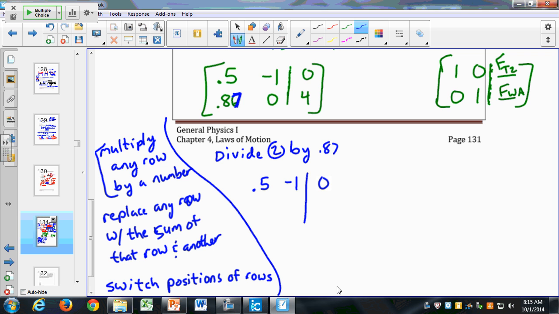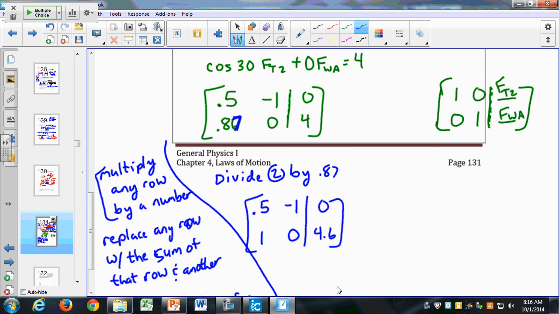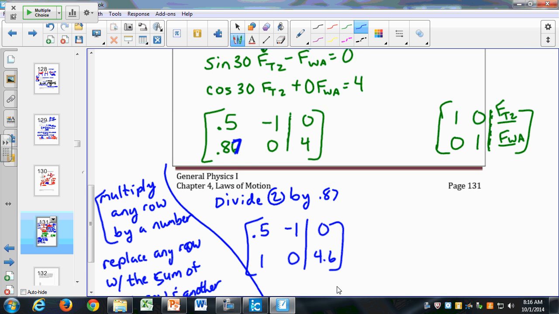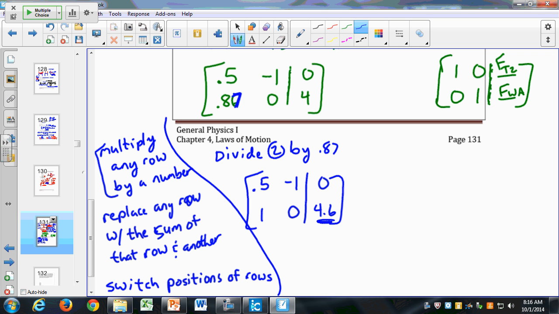And over here, I would get 0.87 divided by 0.87, which is 1, 0 divided by 0.87, which is 0, and 4 divided by 0.87, which is 4.6. All right, so already I have my value for FT2, which is 4.6, because I have that 1, 0 in the second row.